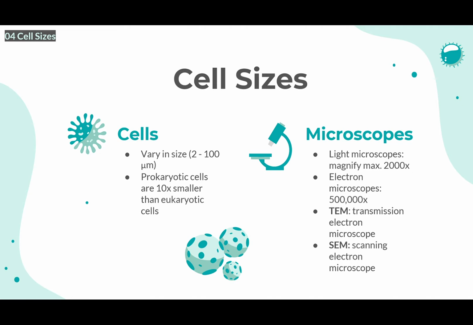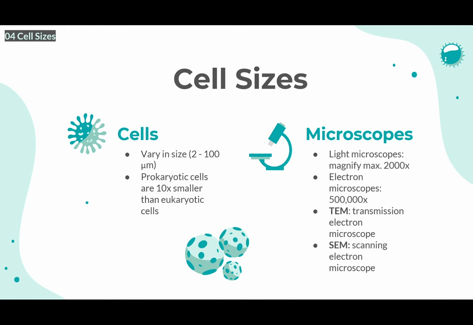Cells vary immensely, from 2 micrometers to 100 micrometers generally, and prokaryotic cells are 10 times smaller than eukaryotic cells. Now, an important instrument when we talk about cells is the microscope.